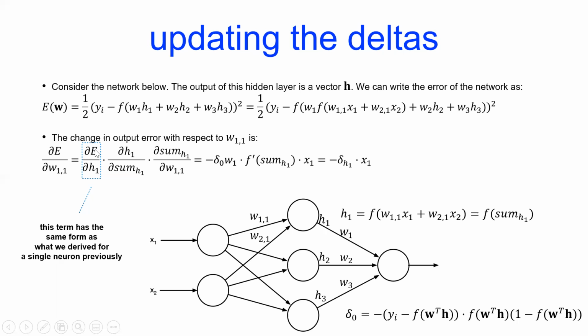We will first measure the rate of change of the error with respect to H1, this guy. Then I will see the rate of change of H1 with respect to the sum of H1, so basically you do the sum here. Then I will see the rate of change of the sum of H1 with respect to W11. So as these things propagate forward, I just go back and look at the rate of change with respect to each intermediate factor. Okay.